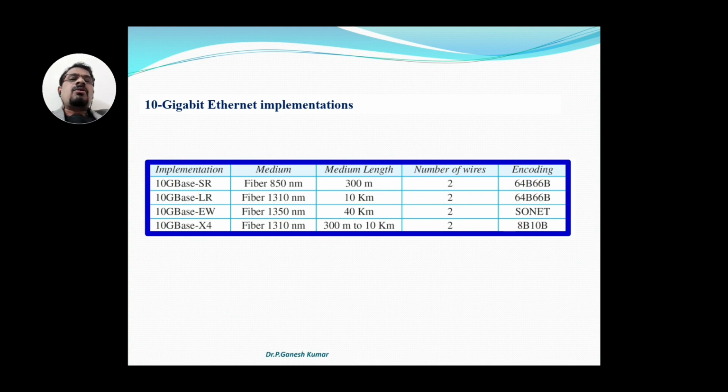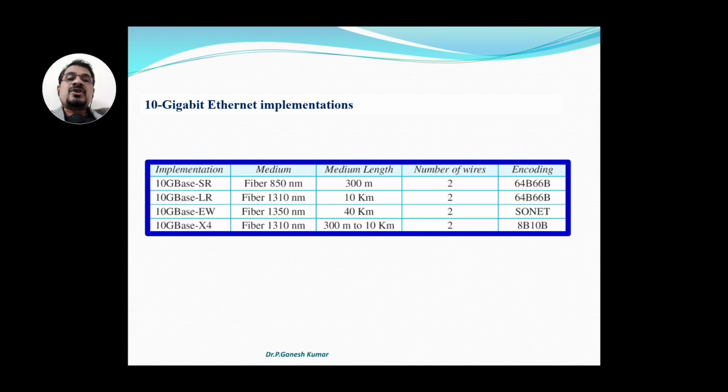Because it is going to have a higher data rate, the only medium we are going to use here is the fiber optic cable. There is no support for unshielded or shielded twisted pair cable. But here one thing we can notice is that the 10G base LR and 10G base EW, that is the long range as well as extended wave range, can cover 40 kilometers also.